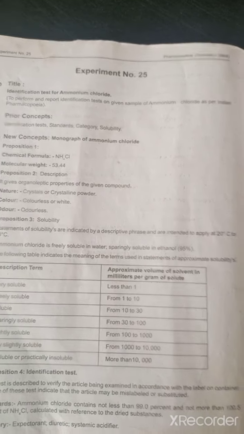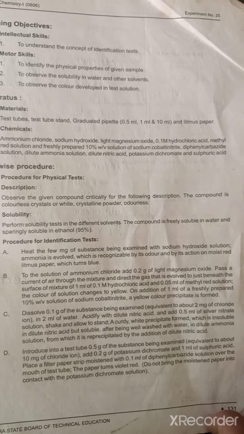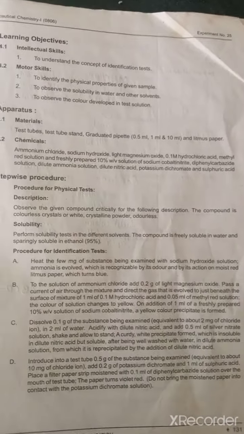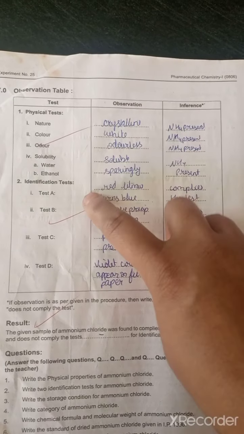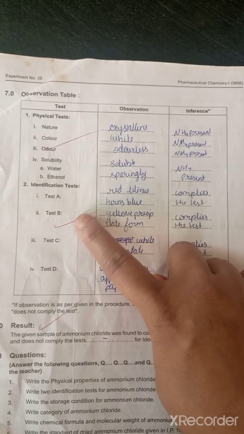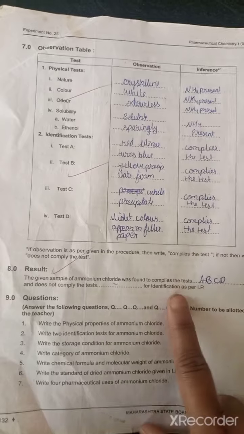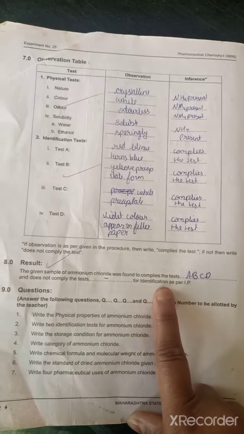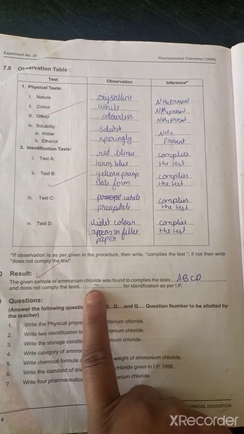Here the identification procedures are given. In total, 4 identification tests we have to perform one by one, and we have to write their observation and result. See the observation table. Physical test is given, then identification tests: test A, test B, test C and test D. You have to write the observation and inference here. Then those tests that are complete, you have to write here, and those not complete, you have to write here.